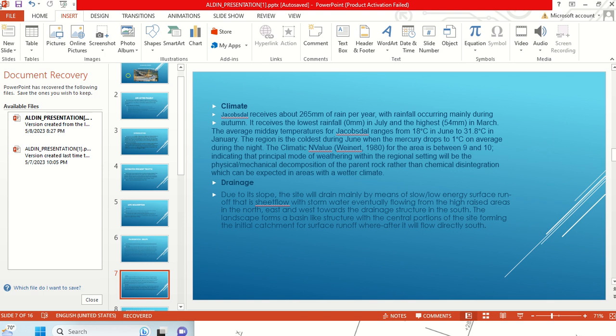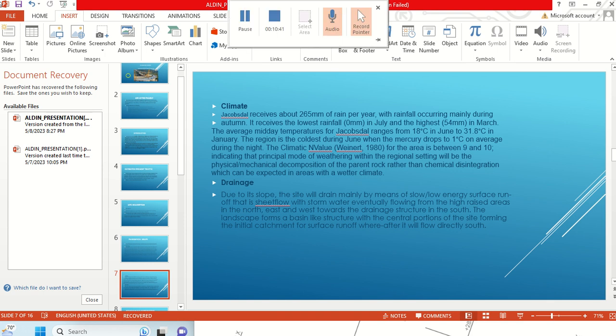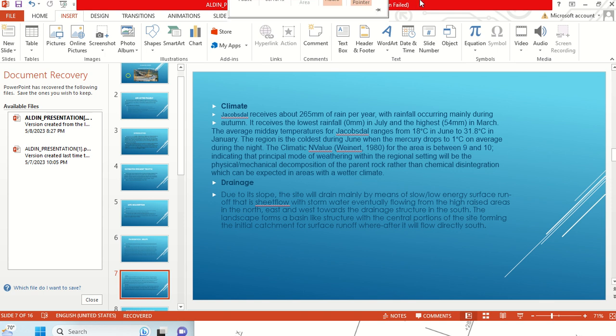We can now look at the drainage, which is the third part of the climate.